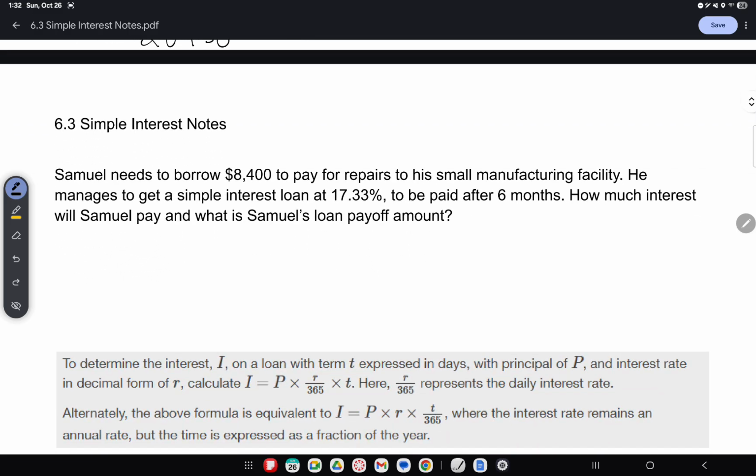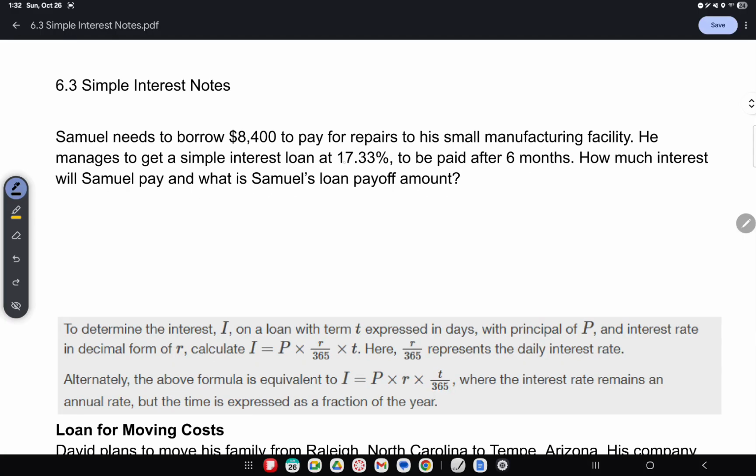So we're going to borrow $8,400 to make some repairs. Simple interest for 17.33% for 6 months. So what's the interest and then the total? So the interest is the principal amount times the rate, so 0.1733, and then for 6 months.